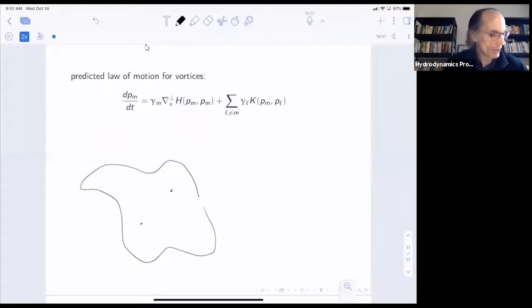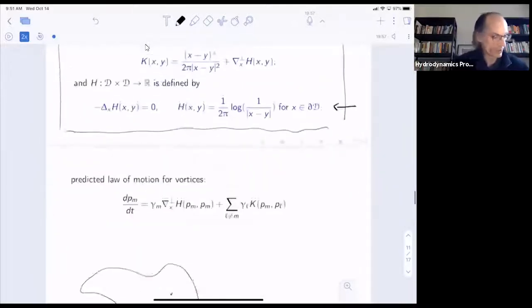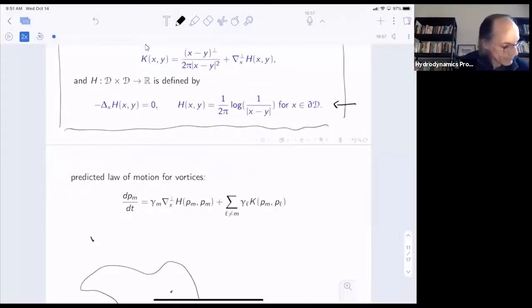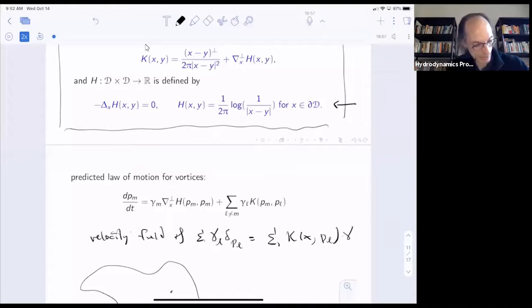And okay, so if I look at the velocity field of a sum of gamma_L delta_{P_L}, it's the sum of these K(x, P_L) times gamma_L.